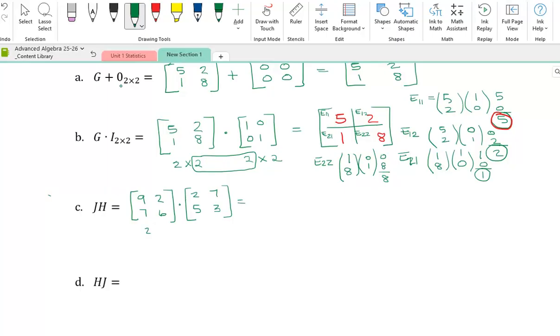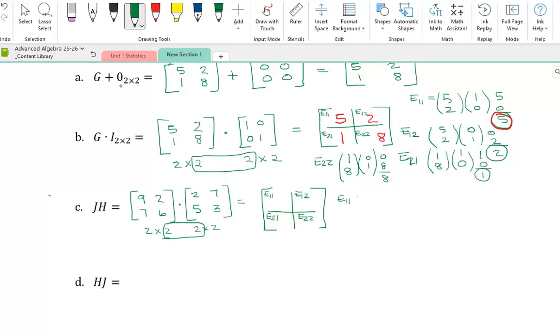We know 2 by 2, 2 by 2, these two are the same, so my answer is also a 2 by 2. We're going to look for these four again: E11, E12, E21, and E22.